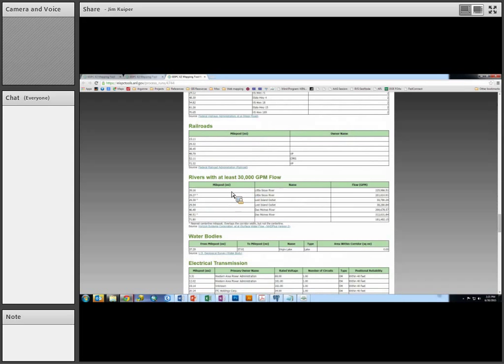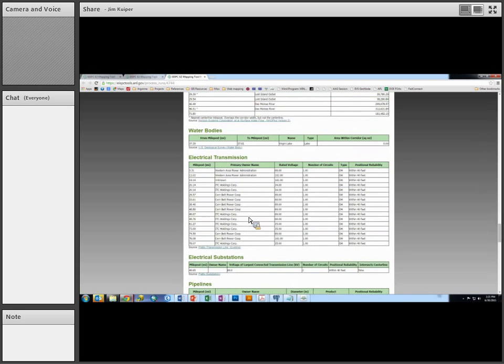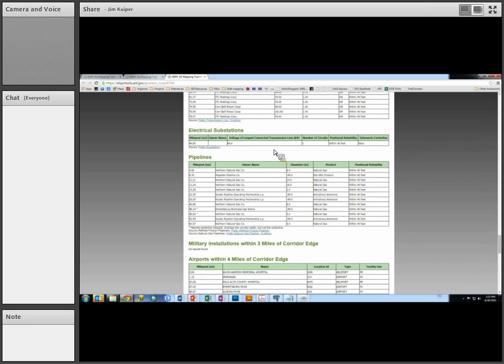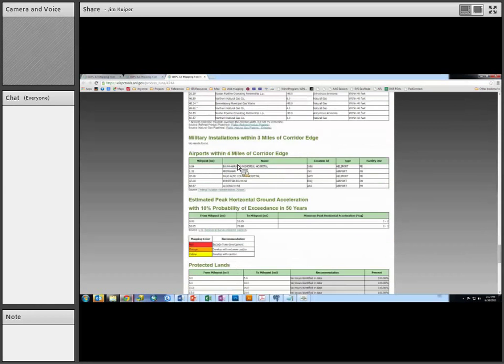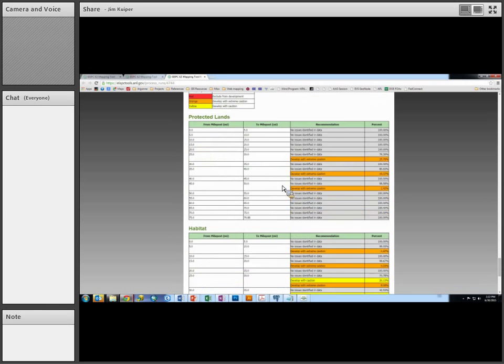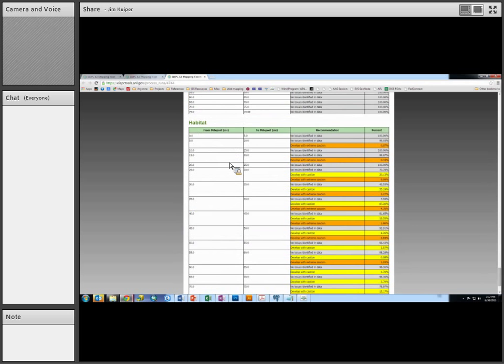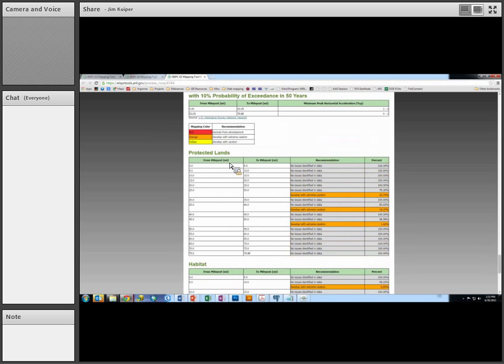There's some major rivers that it crosses. There's a water body. You typically wouldn't go through a water body. There's some airports nearby that are problematic for being near a corridor. And then there's some protected lands and habitat issues that occurred.